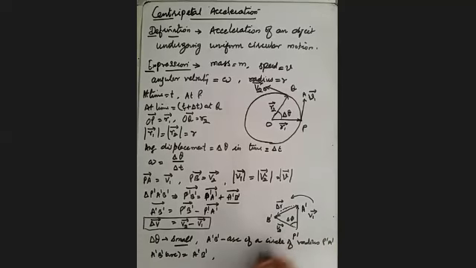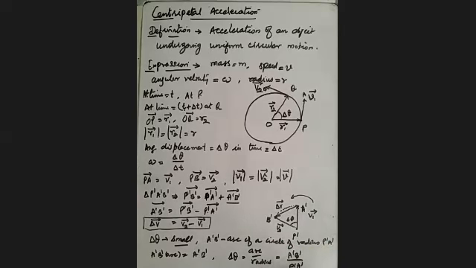Now we know delta theta, because it is the angle made at the center P', is equal to arc divided by radius, and the arc is equal to A'B' and the radius is equal to P'A'. So let us consider this is a circle of radius P'A', and this is the arc A'B'. The length of the arc divided by the radius gives you the angle.